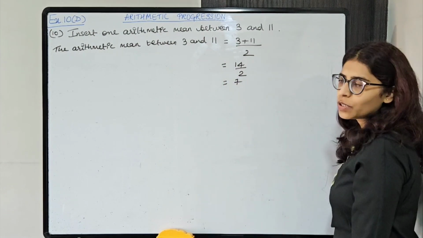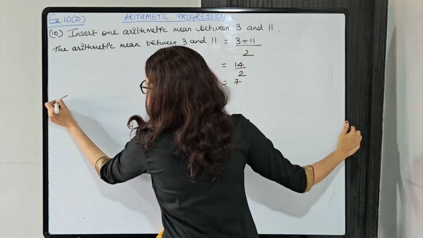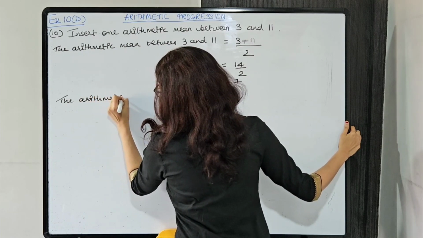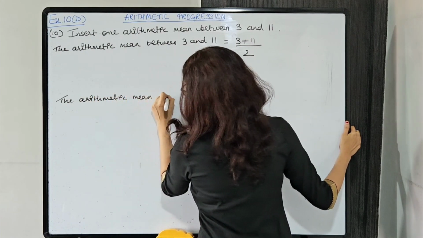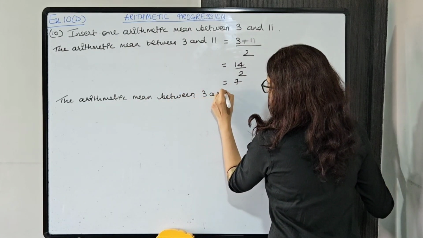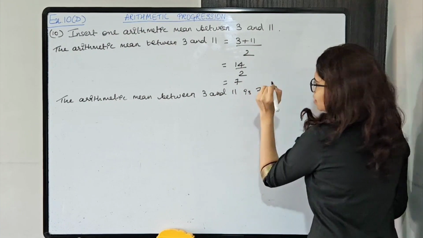Okay, so write down the statement. The arithmetic mean between 3 and 11 is 7.